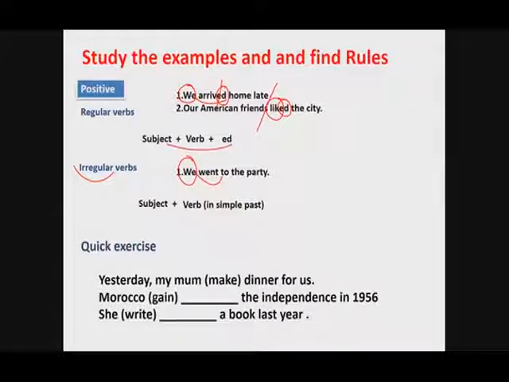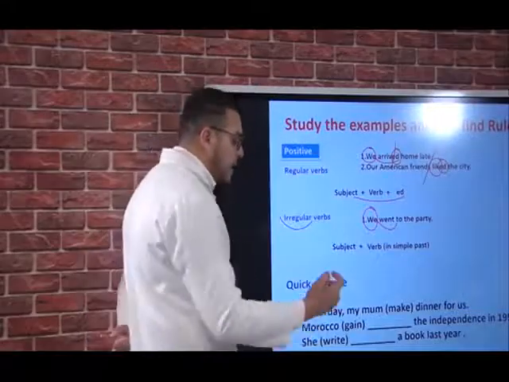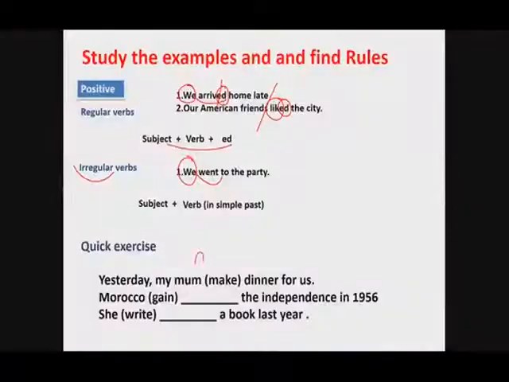Please, I insist again, go to the list to find the verb to make. And we say made. So it's an irregular verb, and we say yesterday, past expression, yesterday my mom made dinner for us.